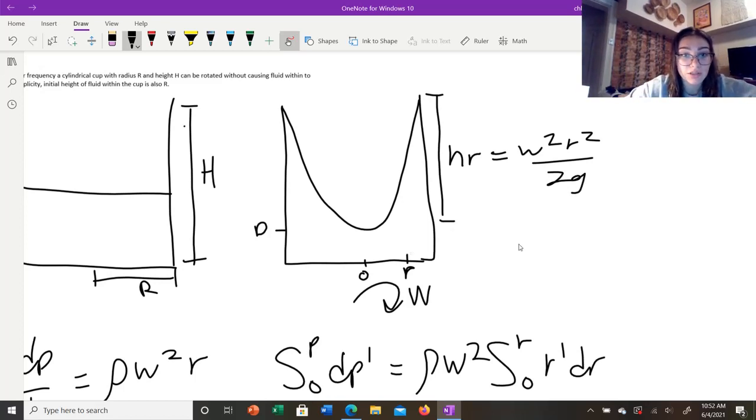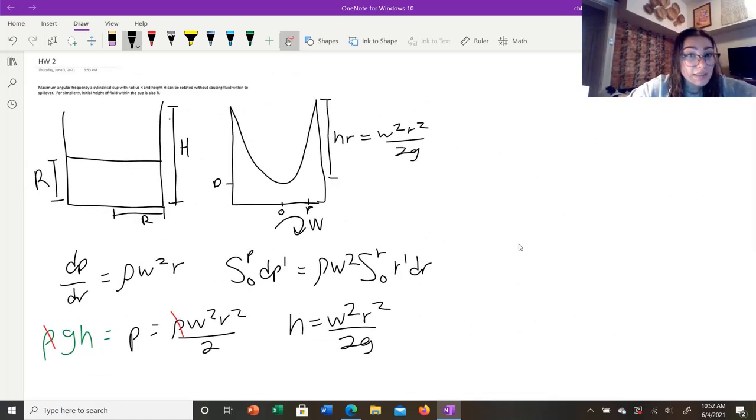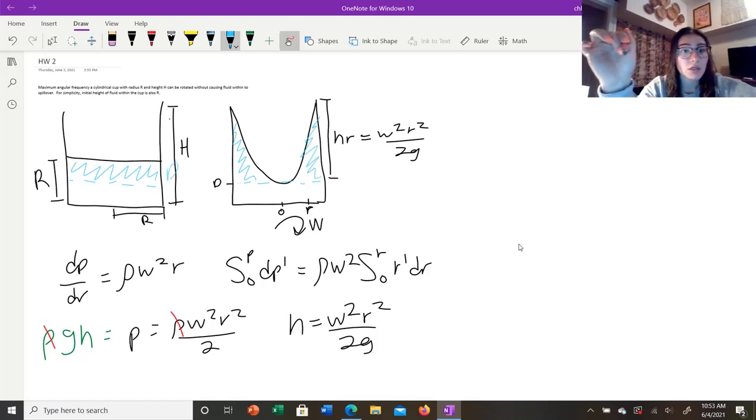Now that we found HR, we need to find the height of the dip. If you think about this, since this is the dip, all the volume that's right here has to equal all the volume that's right here. So we need to find the final height.